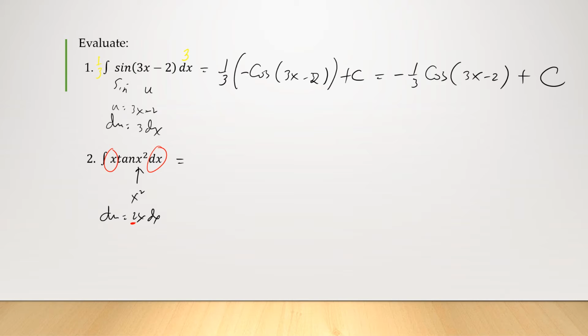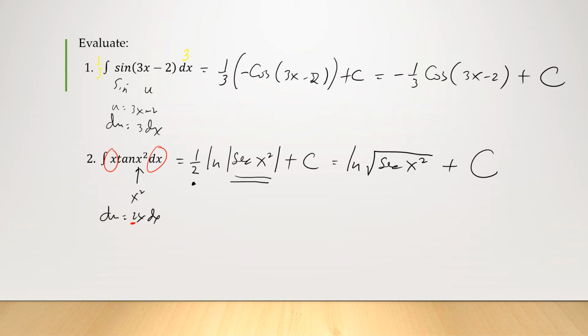So we introduce 2 as part of the integrand and multiply by its reciprocal 1/2. And the integral of tangent u is ln of the absolute value of secant u, or secant x squared, plus c. Applying one of the properties of ln, 1/2 becomes the exponent of secant x squared. So we can write this as ln of secant x squared to the 1/2, equivalent to the square root of secant x squared, plus c.